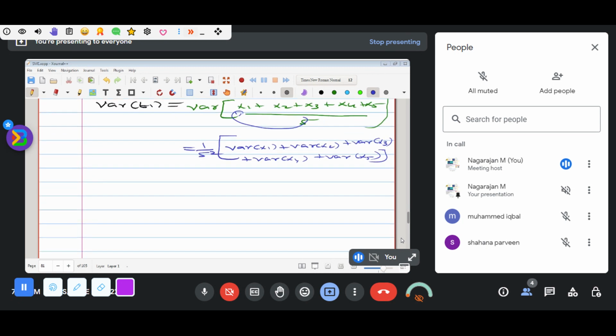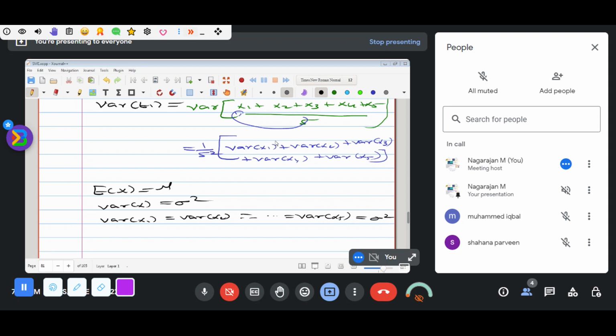Here, for the normal distribution, you already know the expected value is mu and the variance of X equals sigma squared. This is the formula given for the normal distribution, so the variance of X1, X2, up to X5 equals sigma squared.